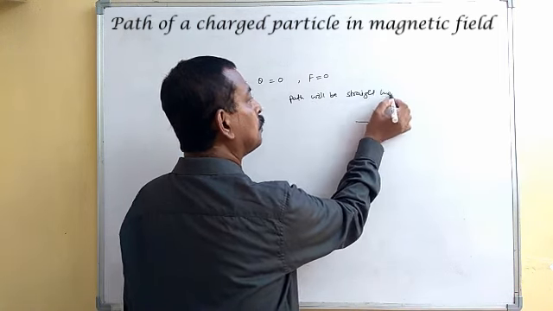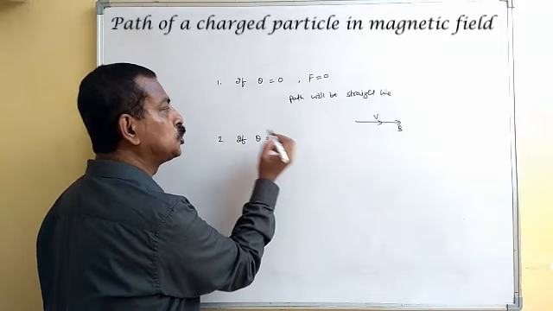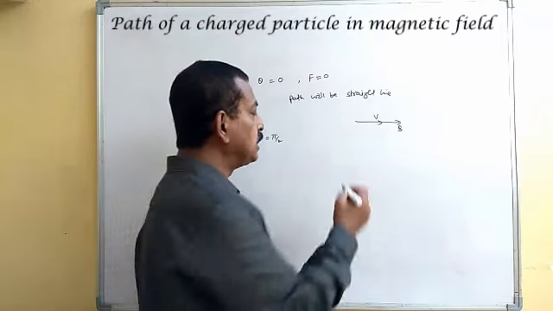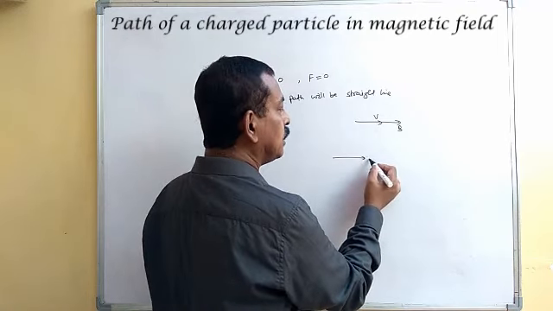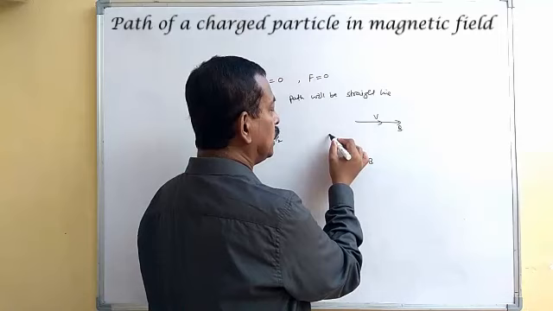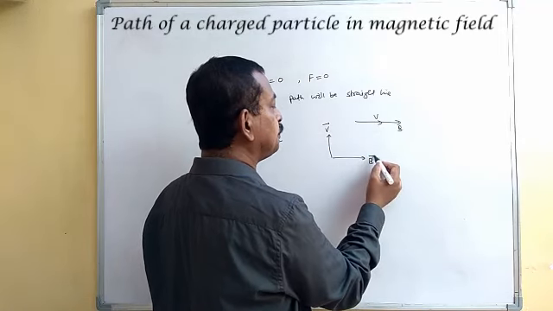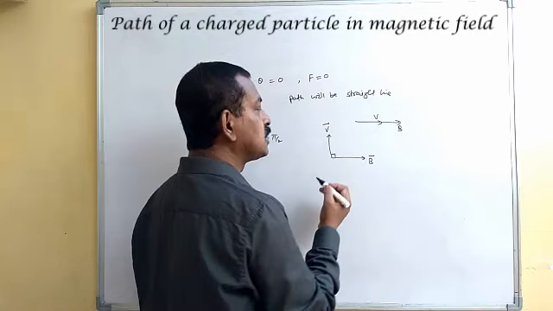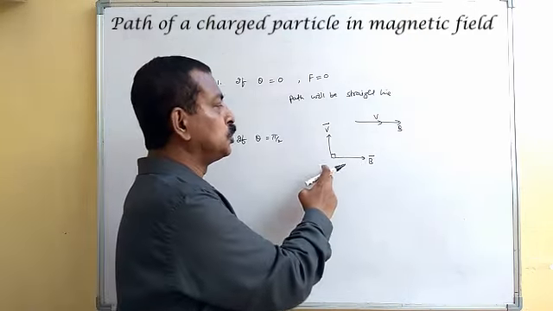Let's take the second case. If theta is pi by 2, suppose the charged particle is moving in a direction perpendicular to the magnetic field. This is pi by 2.